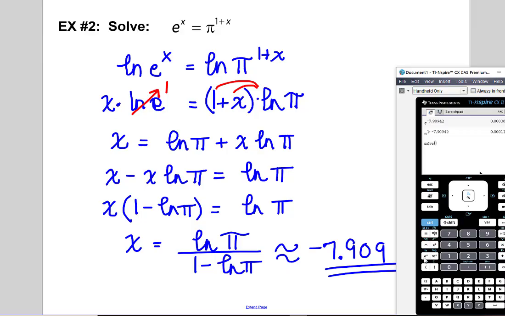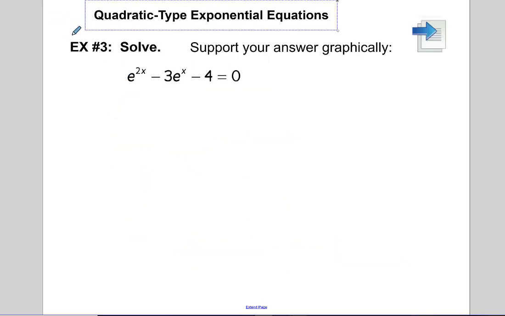When is e to the x equal to pi raised to the 1 plus x power, comma, x, we're solving for x, and negative, okay. And that's about the answer we got, so 7.909. That's as close as we're getting on that one.